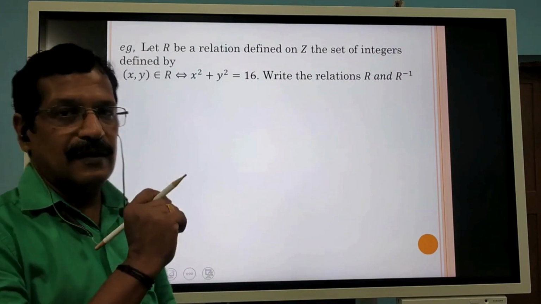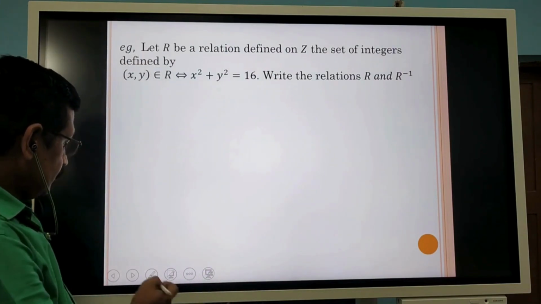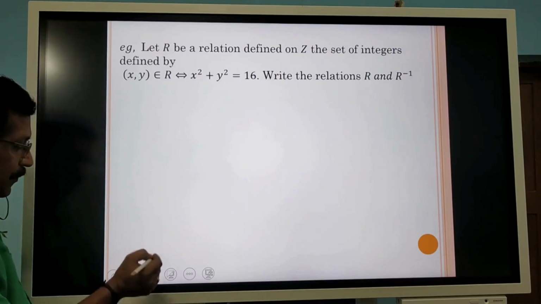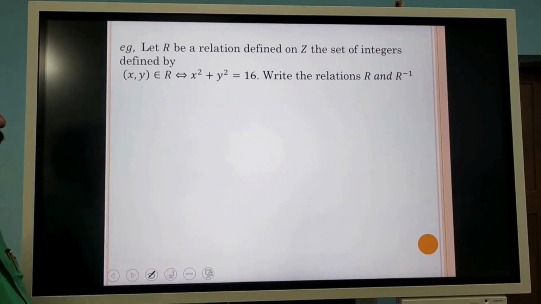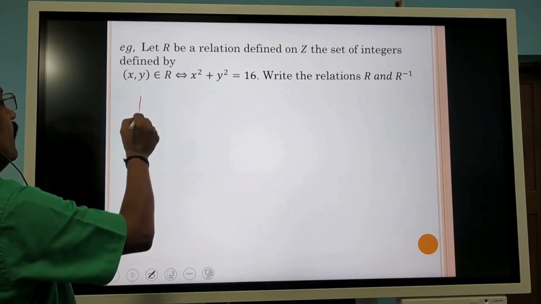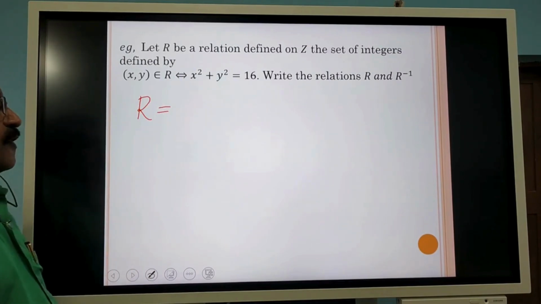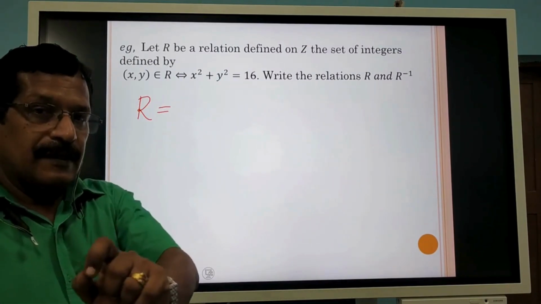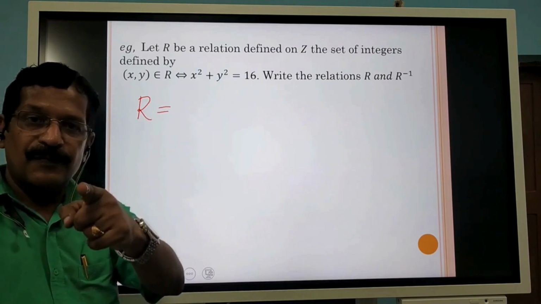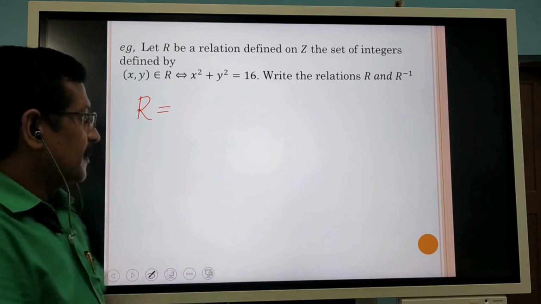So, we can write R is equal to the set of ordered pairs (x, y) belonging to R if x square plus y square equals 16.